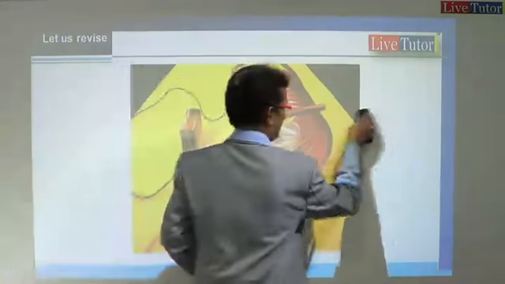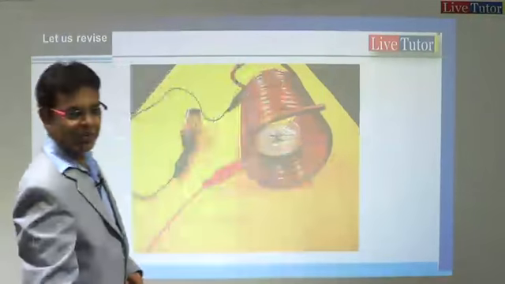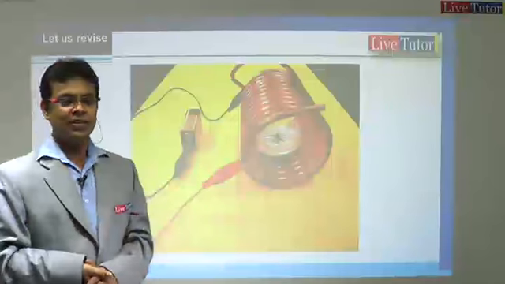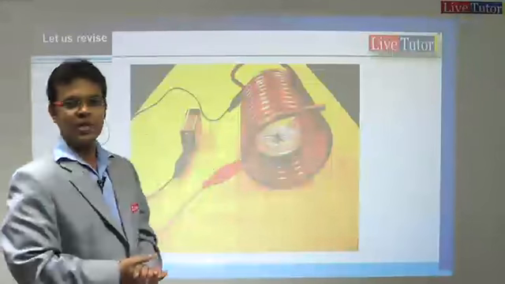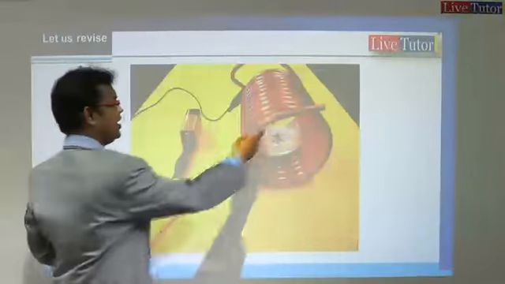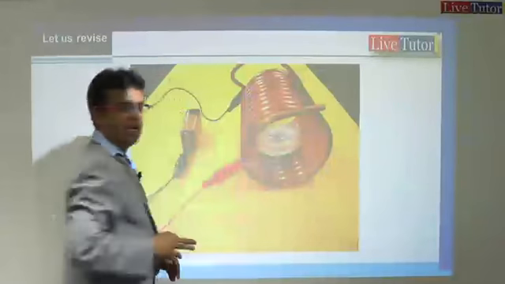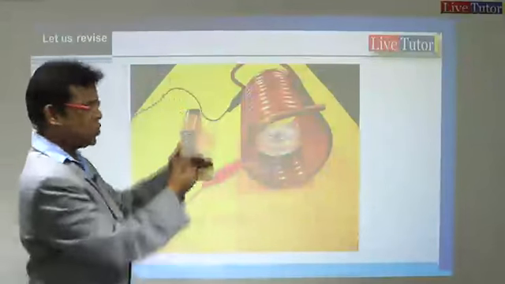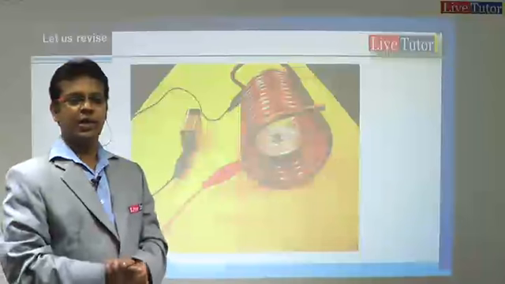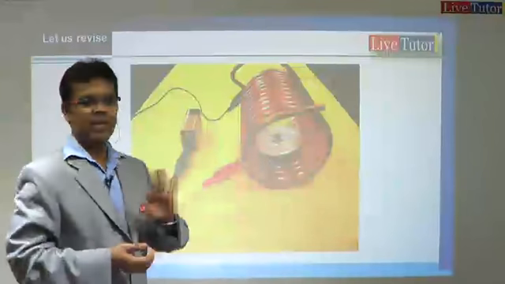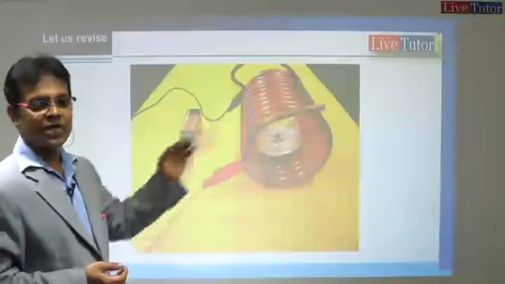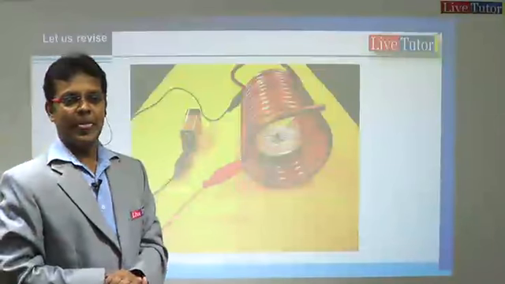What is available in this diagram? Using that only you have to say, isn't it? We don't mention east or west or upward, downward. We have only a solenoid and a compass. Related to these two only you have to refer. You cannot take anything from outside. Using what is available here, tell me the direction of the compass needle.